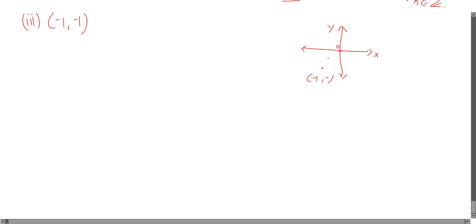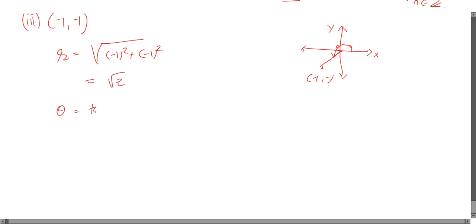Okay. So you have to evaluate this angle theta and this distance. This distance is known to you by the formula: √((-1)² + (-1)²). That is, (-1)² is 1 and (-1)² is 1. 1 plus 1 is 2, so √2.